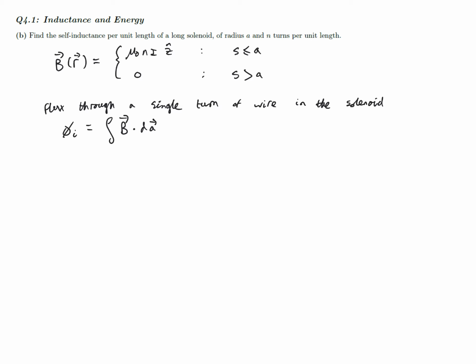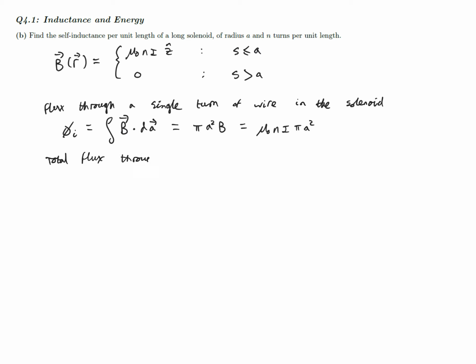And we know that it's constant inside the solenoid, and so that's just going to be pi a squared B, which is pi mu naught n I a squared.